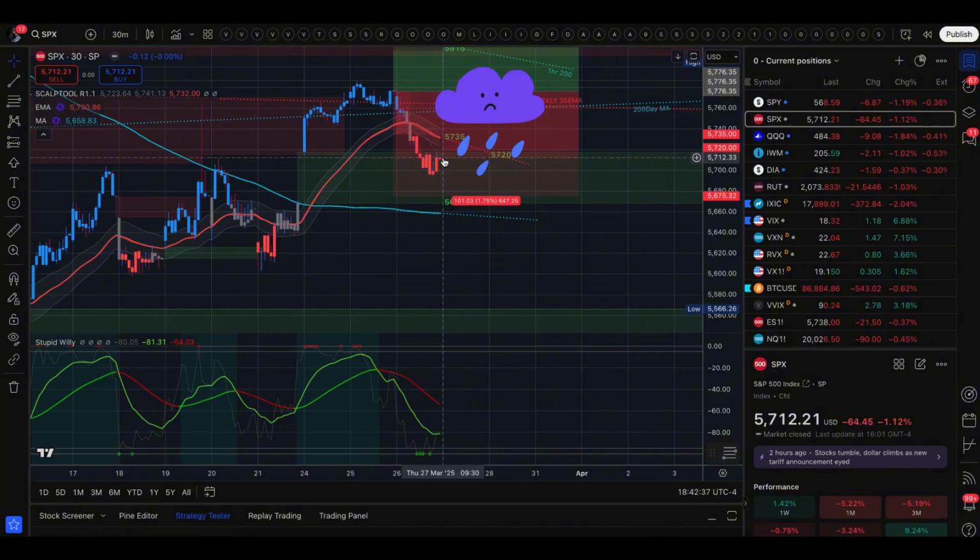So if you sold instead the three together, 57.10 right here, and then did the $15 wide spread, you would have had 57.10 and 56.95, and that would have closed up 100%.